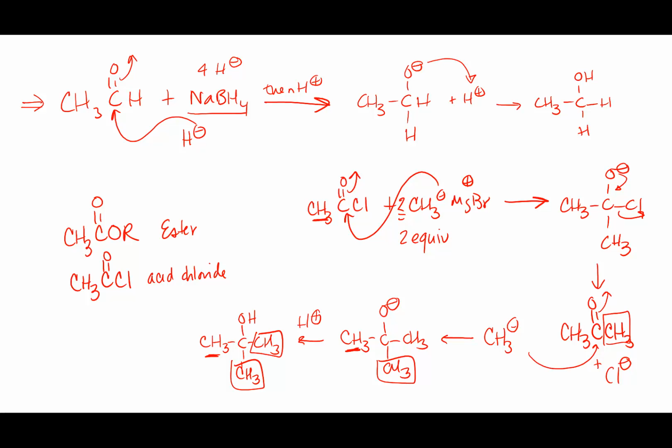OR leaves the same as the CL, right? Yes. Now, you may say, but OR minus is a stronger base, so it's, in theory, a worse leaving group, which is true. But I didn't say that it had to be a good leaving group. I was very careful when I said it doesn't have to be a good leaving group, it has to be a potential leaving group.